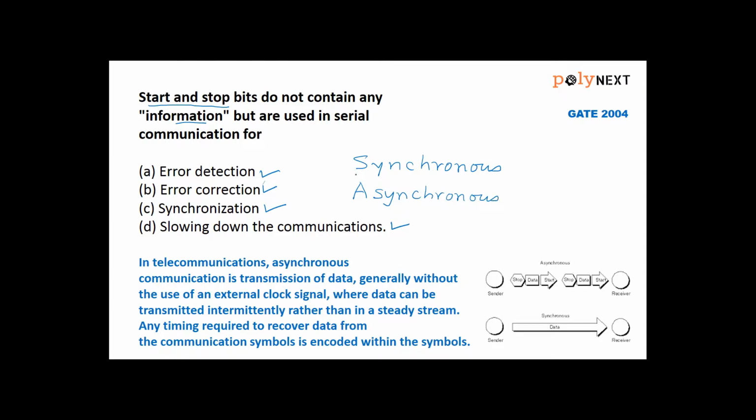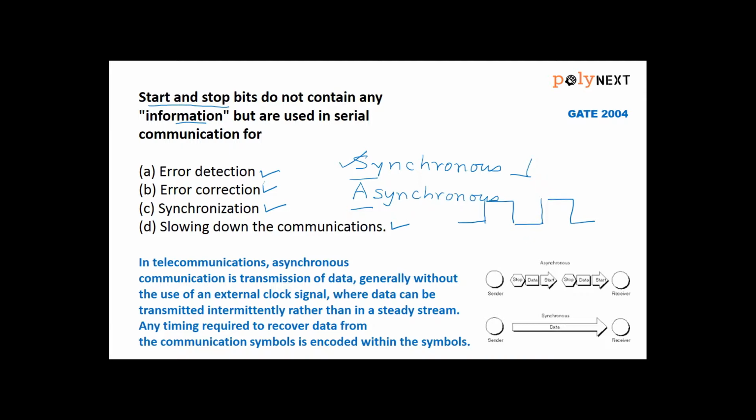What is the difference between synchronous and asynchronous communication? In case of synchronous communication, there will be a constant clock pulse. We know that a clock pulse means a signal like this one. We can consider this one as the clock pulse.